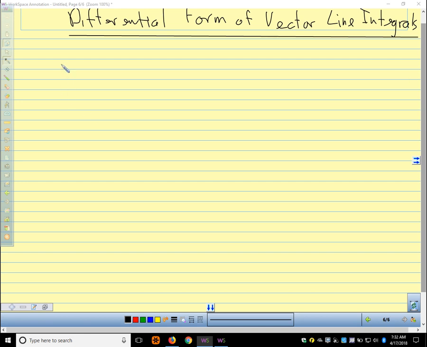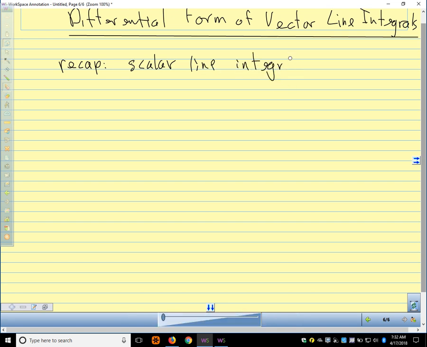All right, so a quick recap. For a scalar line integral, we had the integral over our curve of f of x y ds. That's how we wrote a scalar line integral.